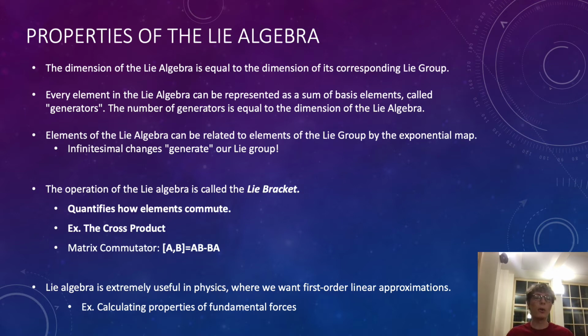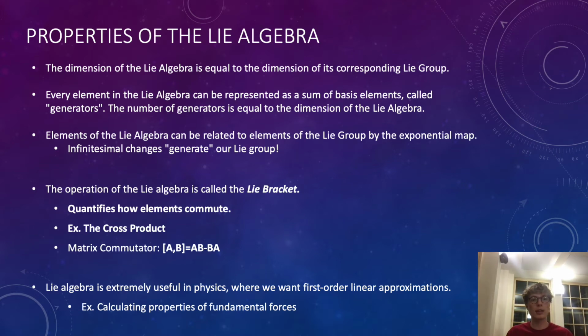And the generators are important because they allow you to understand infinitesimal changes along the different directions in your Lie group. If you imagine multiplying your Lie group element or your Lie algebra element by an infinitesimal amount and then exponentiating that, you'll get a very small rotation in your group.